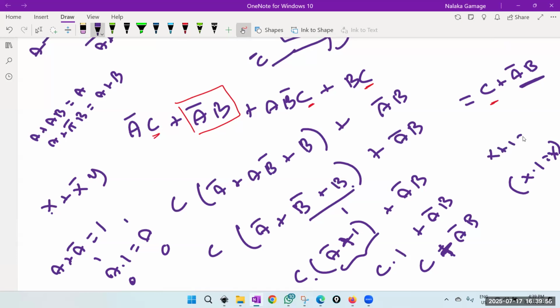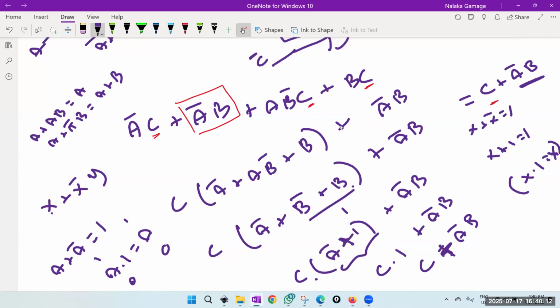X plus 1 is 1. Here I use x plus x bar is 1. X plus x bar is 1. Here I use a dot b plus c is a dot b plus a dot c.